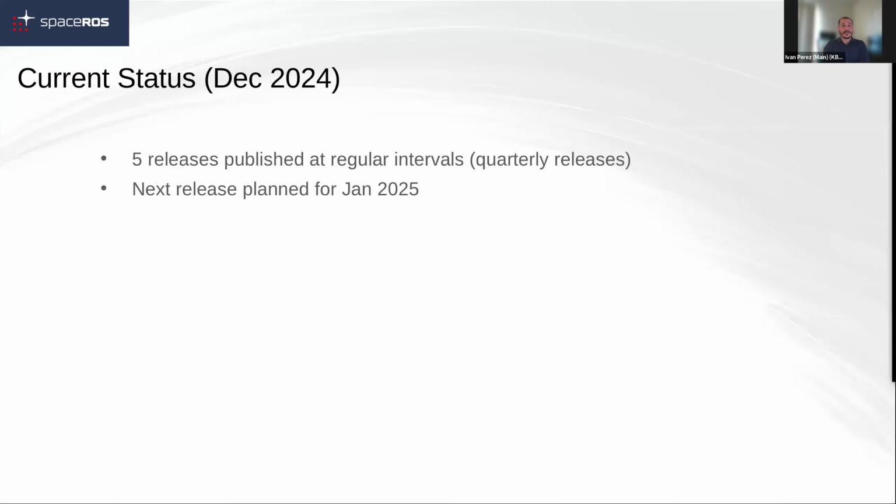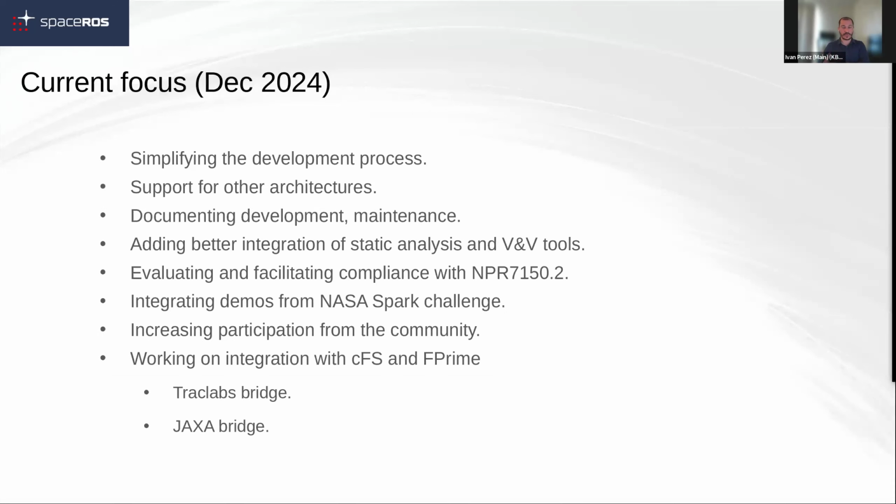Currently, we've published 5 releases at regular intervals, every quarter, every 3 months. The next release is planned for January 2025. You're welcome to come over and contribute and participate. There are a few directions that we're pursuing because we have a large team of contributors, which also means we're working in parallel on many things.